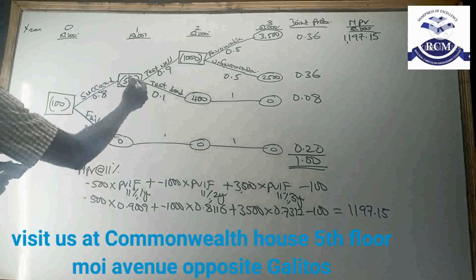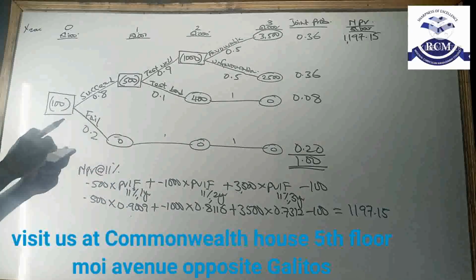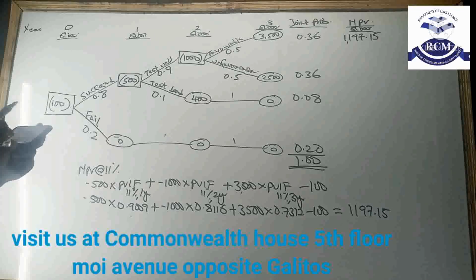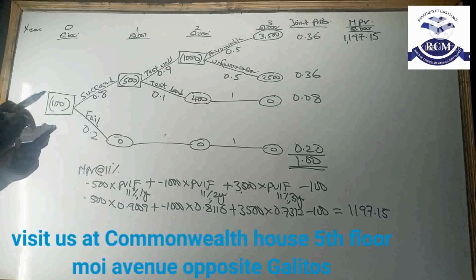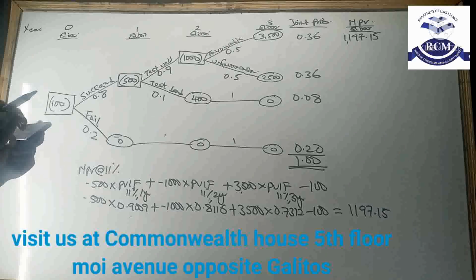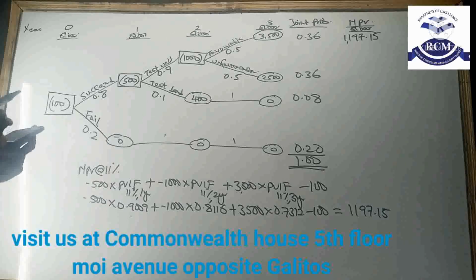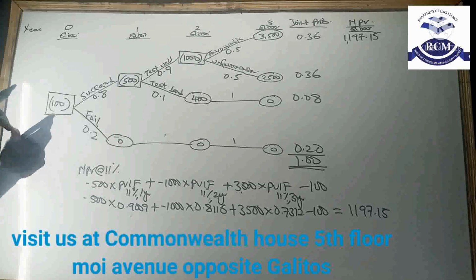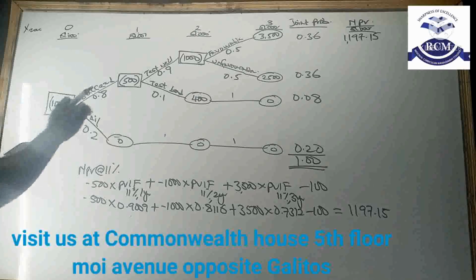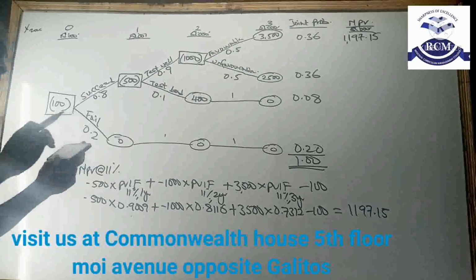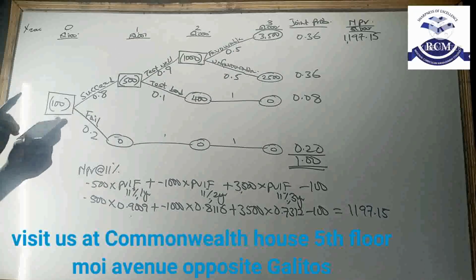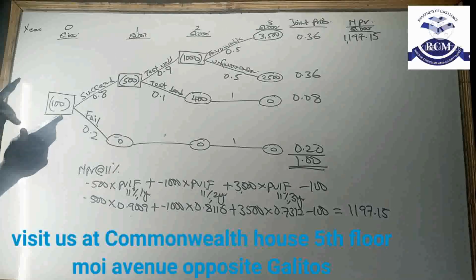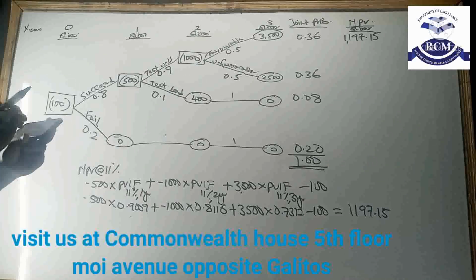500 times 0.9009, plus we are having 400 times 0.8116.